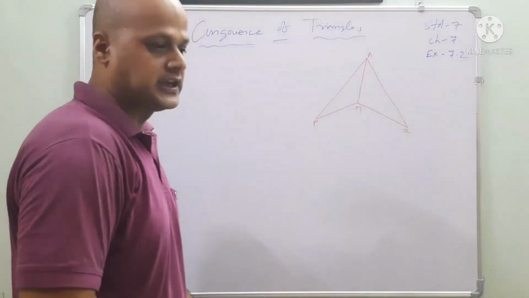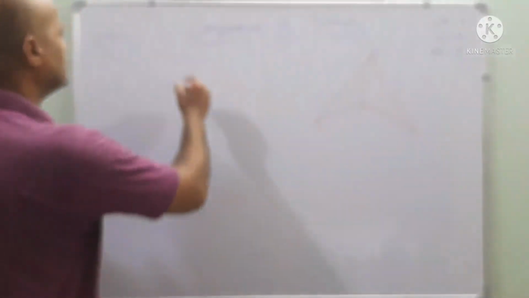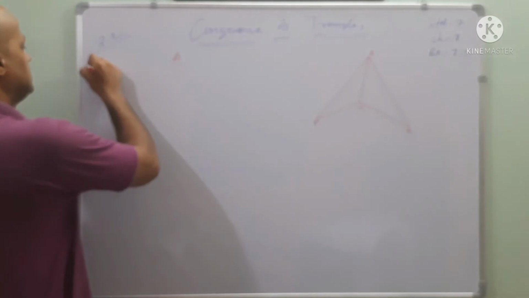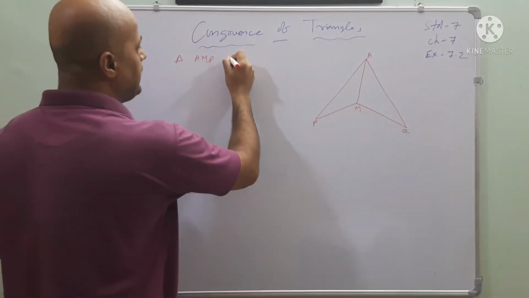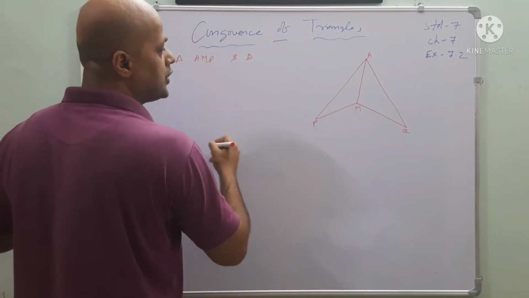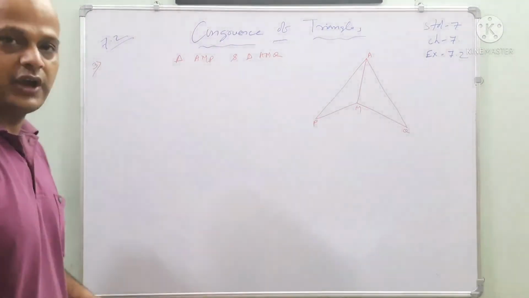First of all, you just tell me what are the two triangles it is forming? Yes, very good. Triangle AMP and triangle which one? AMQ. Understood? Now these two triangles we have formed.